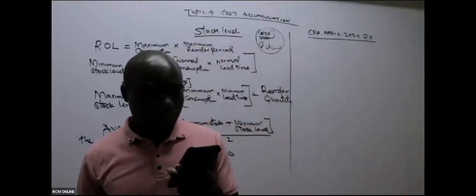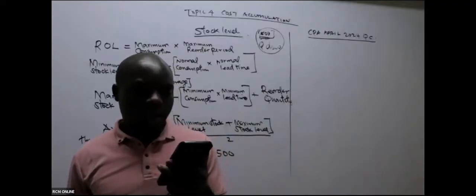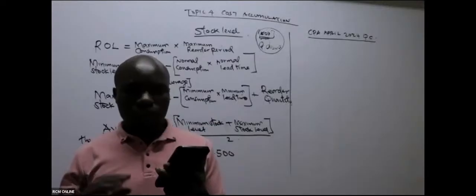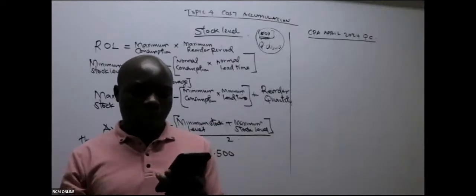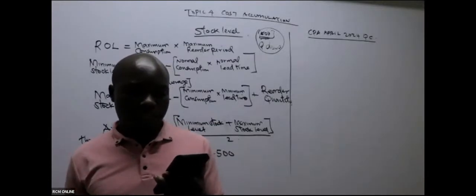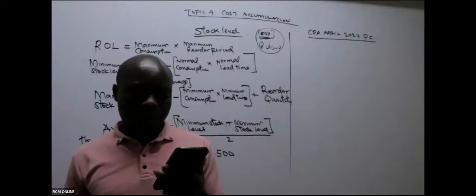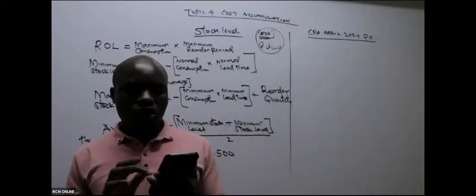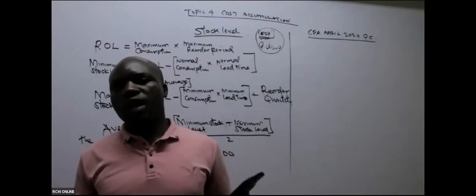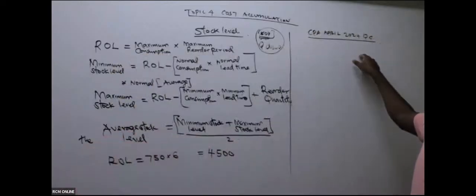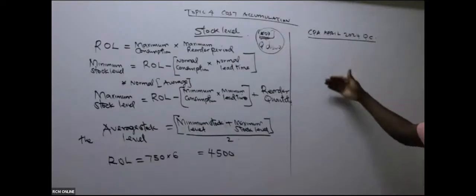Then number 2, under the proposed just-in-time system, the company does not hold any inventory whatsoever. Of course, that's what we have in regards to just-in-time. Then number 3, the reorder quantity under the proposed just-in-time system is 4,000 units per order. So they are telling us, if we have 4,000 units, what would be the total cost?